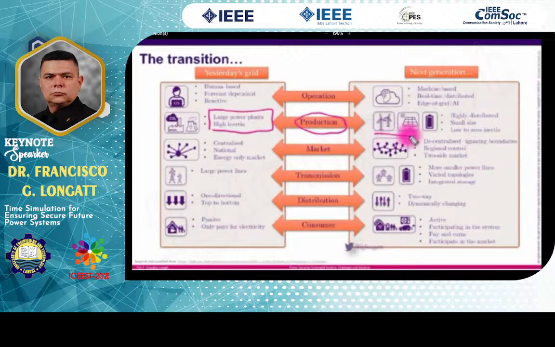And instead of them, we are installing many small size renewable generation like the wind power and also the PV system. And what is important is that one element that is playing a very important role in this transition is the battery energy storage. Because as you must be aware, all those environmentally friendly technologies are highly variable because of the primary energy resource.